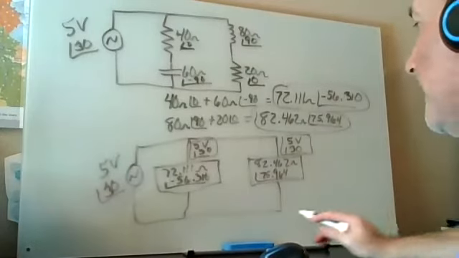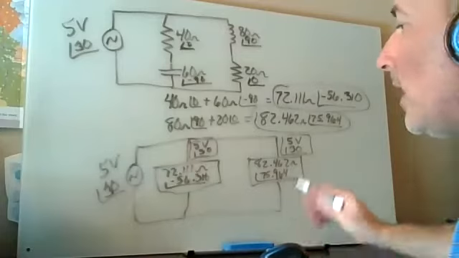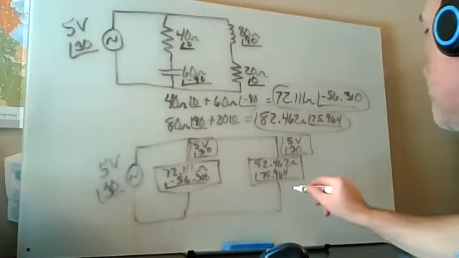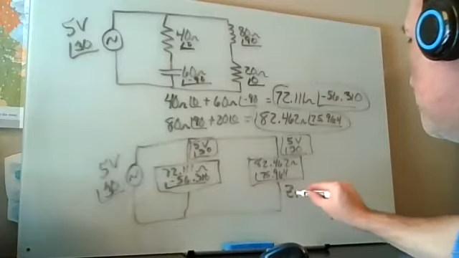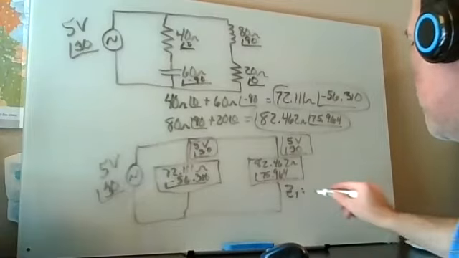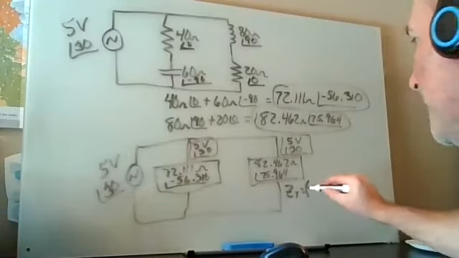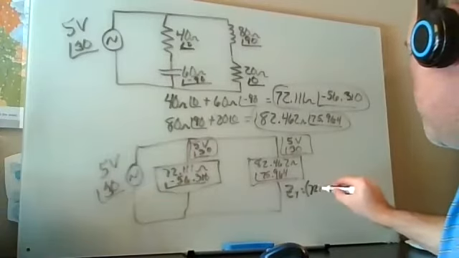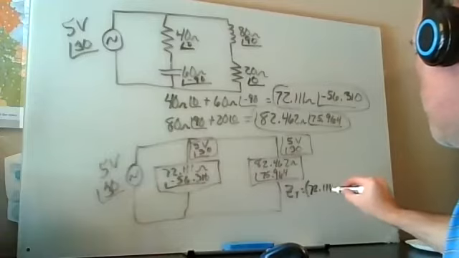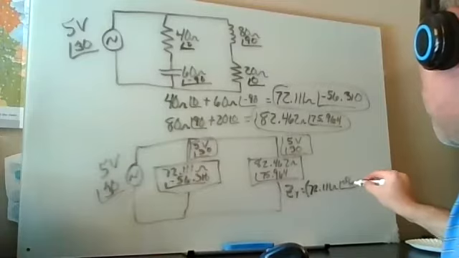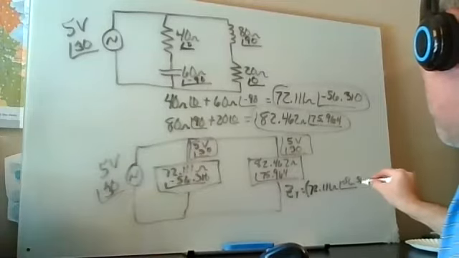But I need to get my Z total so I can get my I total, so when I get these currents, I can make sure they're right. So Z total, what I'm going to do is punch it in the calculator. Open parentheses, because they're in parallel, 72.111 ohms at an angle of negative 56.310.